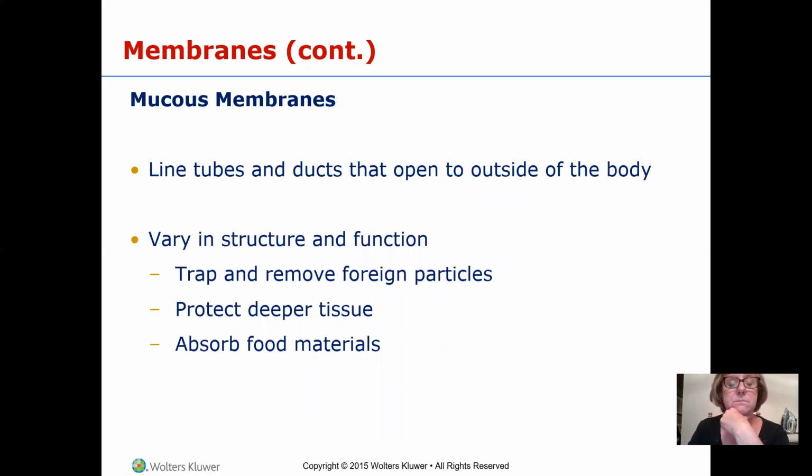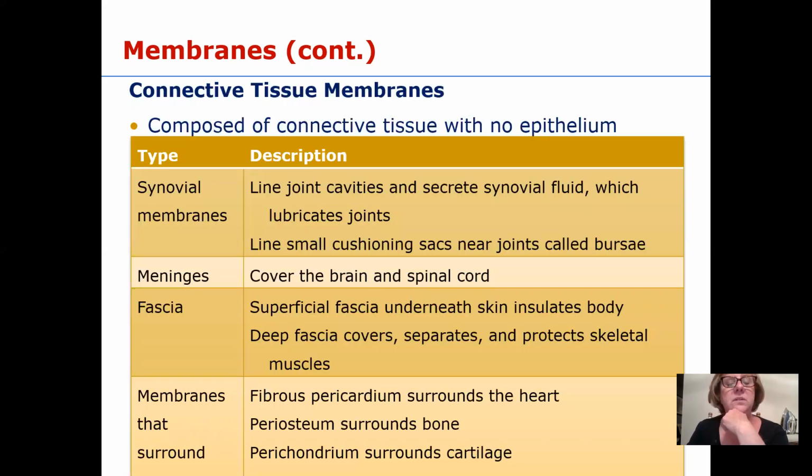The mucous membranes, they line all of the ducts that open up to the outside. They trap and remove foreign particles. They protect deeper tissue, and they absorb some food. So now if we look at the connective tissue, not the epithelial, but onto the connective tissue membranes, they don't have any epithelium. Those are of several different types.